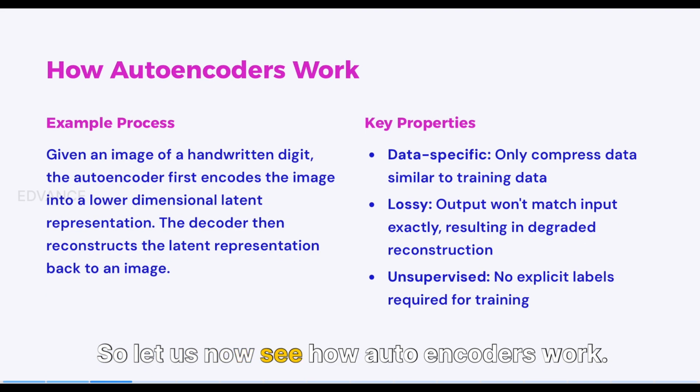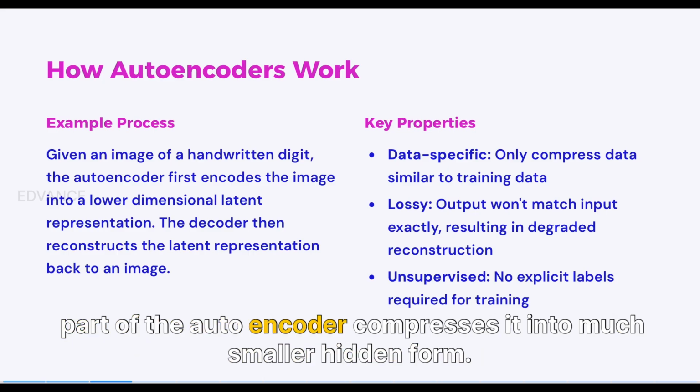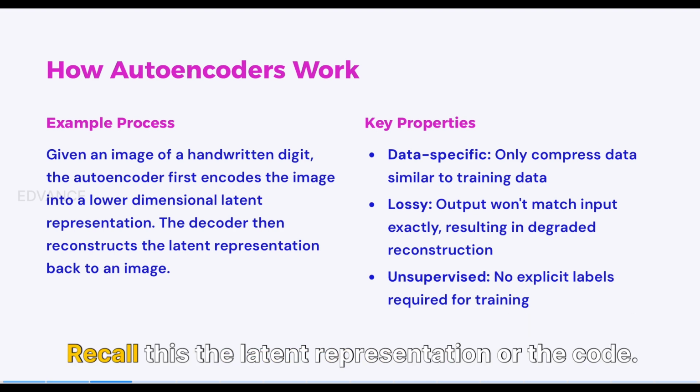Let's now see how autoencoders work. For example, if I give the network an image of the handwritten digit 7, first the encoder part of the autoencoder compresses it into a much smaller hidden form. We call this the latent representation or the code.